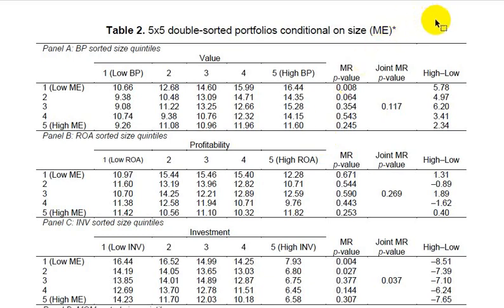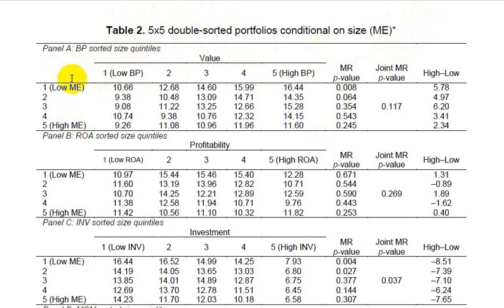Okay, so next the authors double sorted the portfolio factors and formed 5 by 5 portfolios to see what the returns are at different levels of the factors and different quintiles.